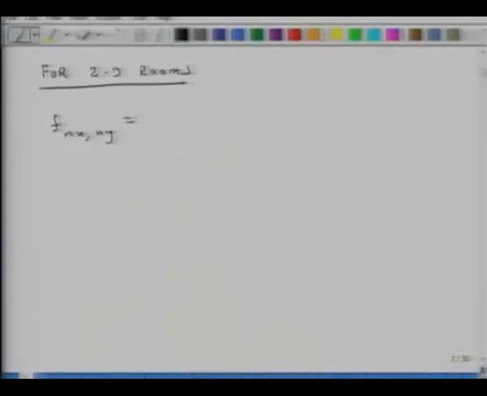So in case of 2D rooms, the frequency is associated with an x direction parameter and a y direction parameter. So f n x and y equals c over 2 times the square root of nx over lx squared plus ny over ly squared.